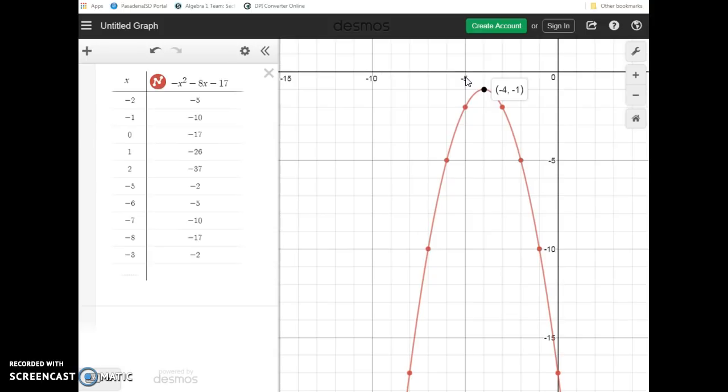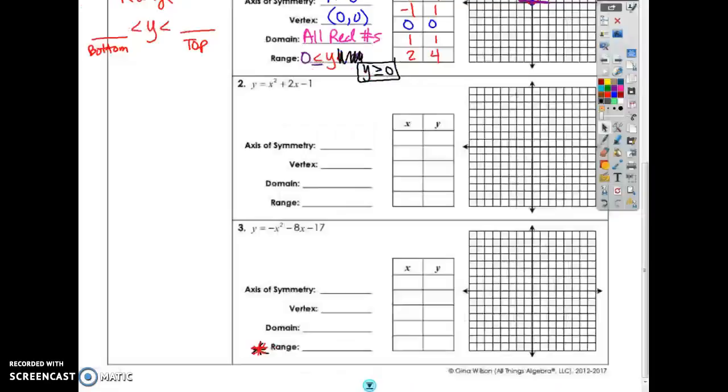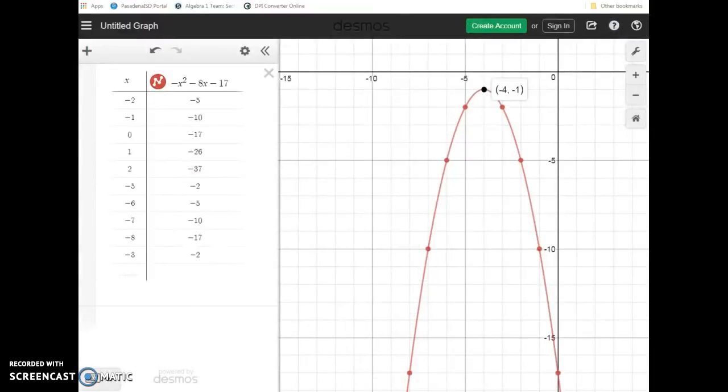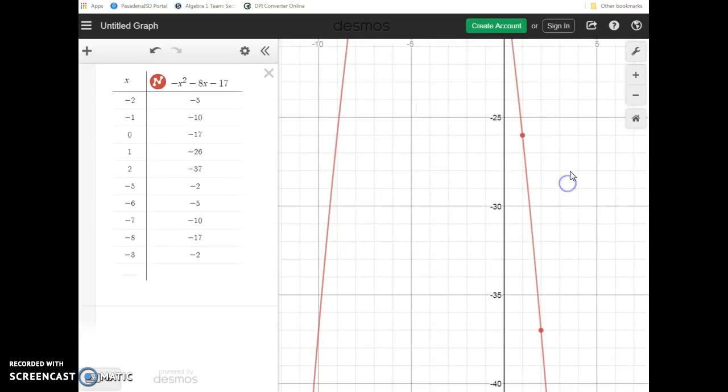Okay, so on the range, what is the lowest number that it goes to? Remember, we started like this. And this parabola opens downward. So what is the lowest that it goes to? Is it going to keep going? It's going to keep going, right?